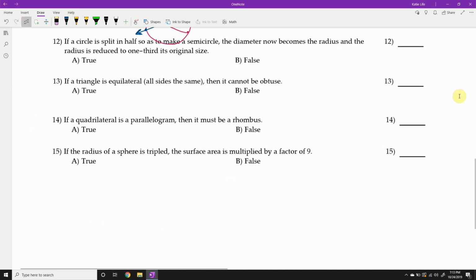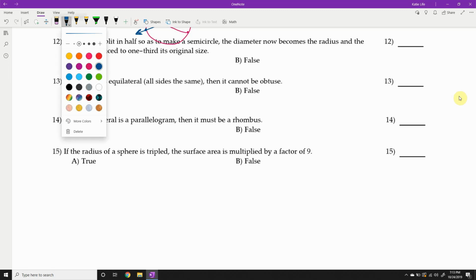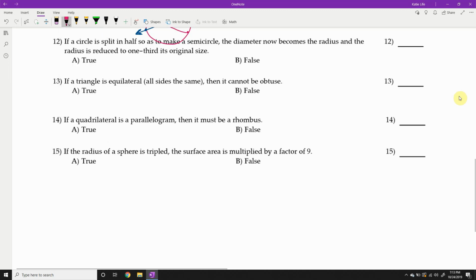So 11 is false. Number 12, if a circle is split in half so as to make a semicircle, the diameter now becomes the radius, and the radius is reduced to 1/3 its original size. If a circle is split in half, okay, so imagine that that's our semicircle. Well, nothing happened to the diameter there. Just because the circle was split in half, the diameter is still the same. The radius is the distance from the center point to any point on the circle.